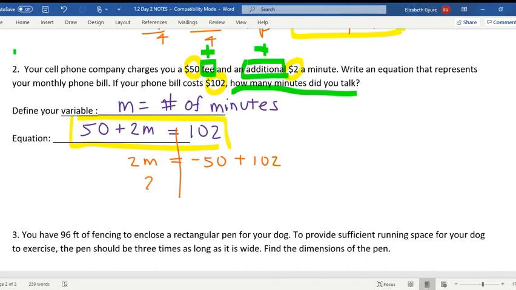Now let's simplify. I'm going to drop my 2m down. What is negative 50 plus 102? Do it in your calculator, don't guess. It is 52, yes. Yes, don't guess, right? Plug it into your calculator. Use your little negative sign.